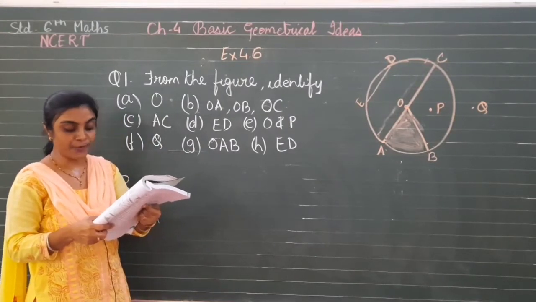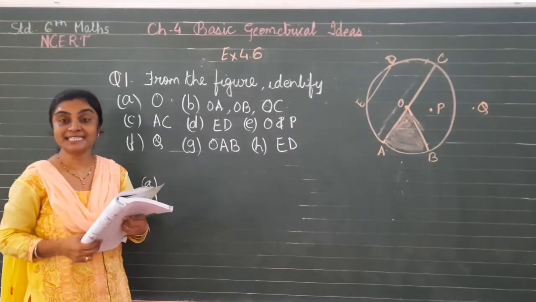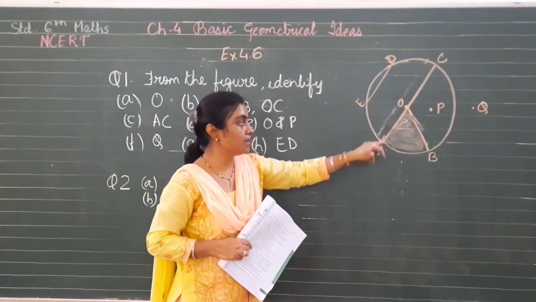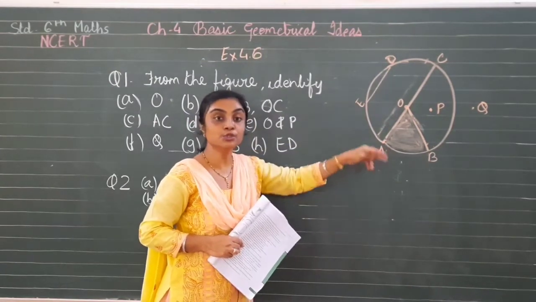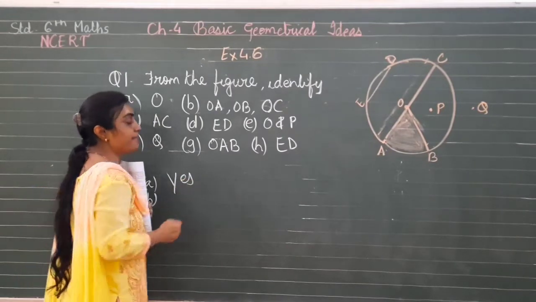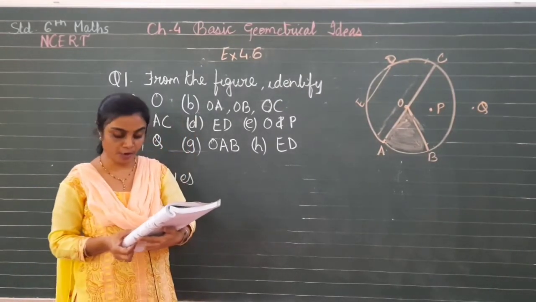A, is every diameter of a circle also a chord? Yes, we have already seen a diameter can also be a chord of the circle because it meets two points on the circle. So we will write yes, a diameter of a circle can also be called a chord.